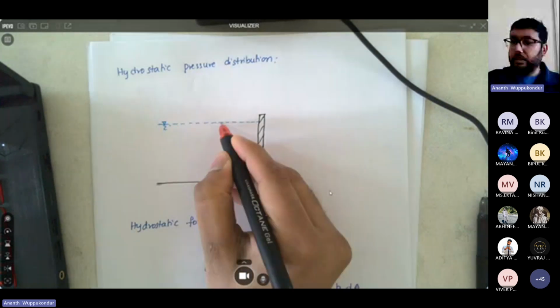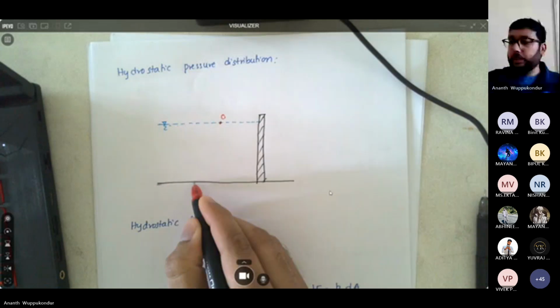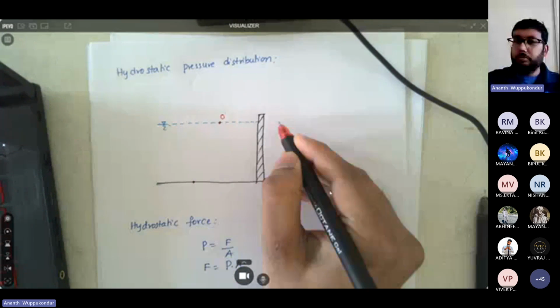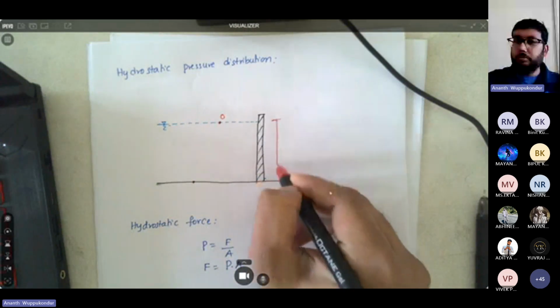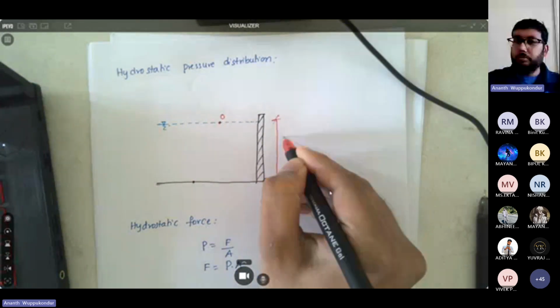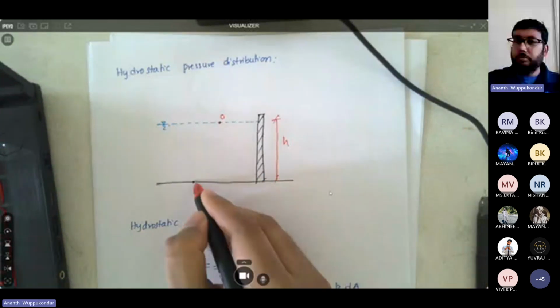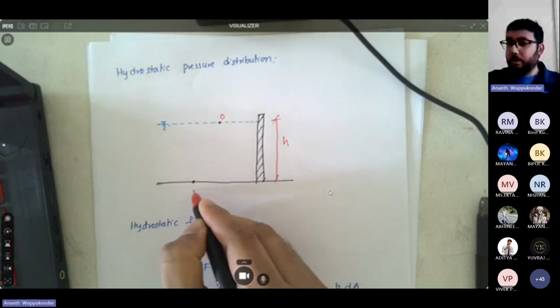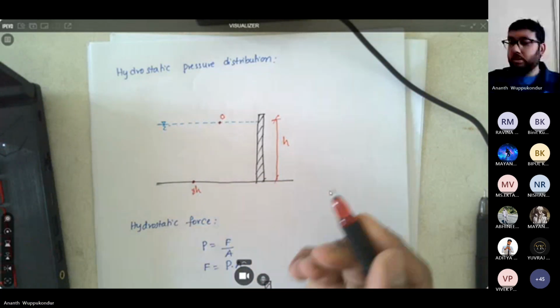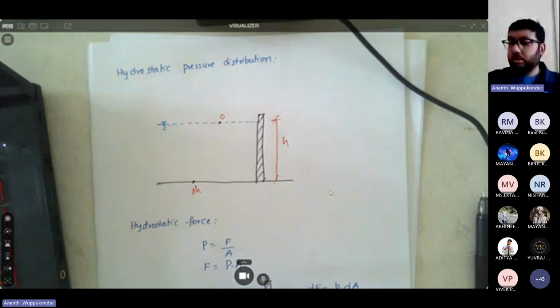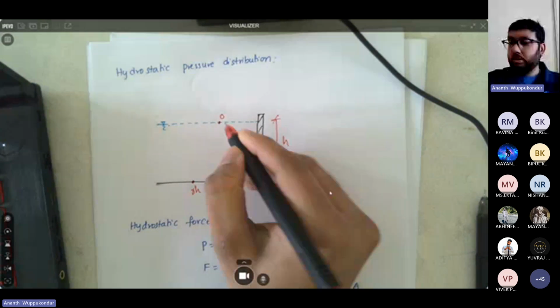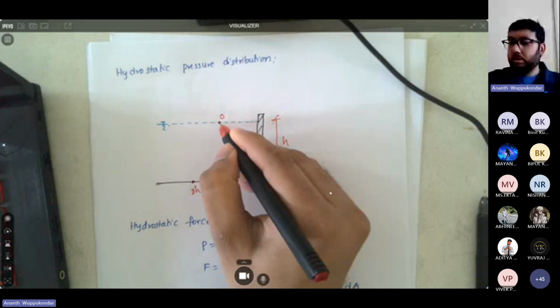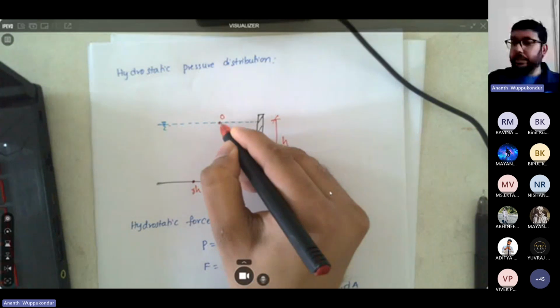The pressure at the bottom is going to be proportional to the height h. So the pressure here is gamma h. So the pressure is linearly increasing from 0 to gamma h. And on this wall, the pressure is going to act, increasing linearly.